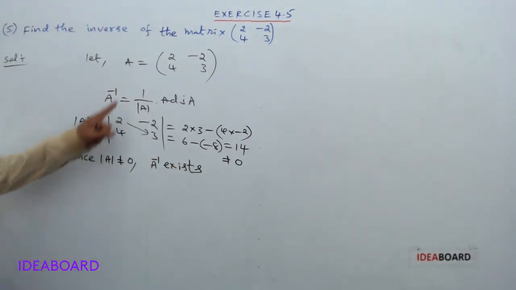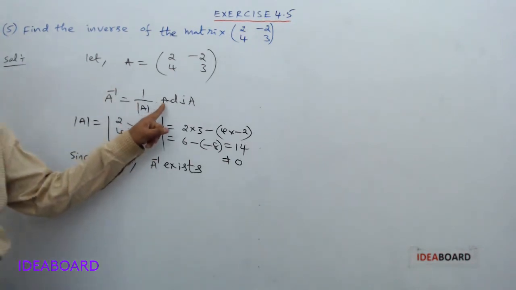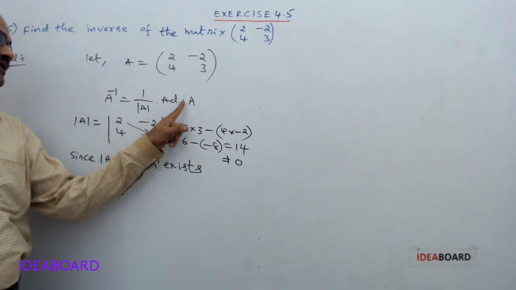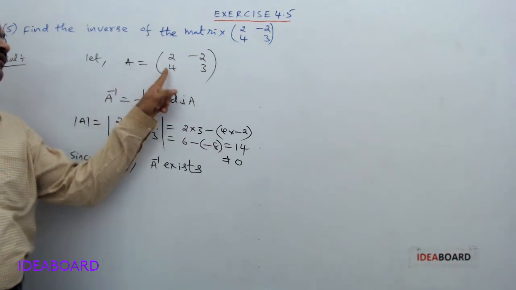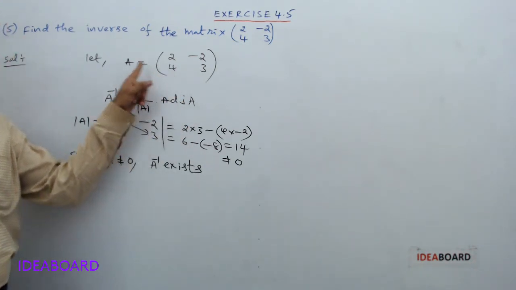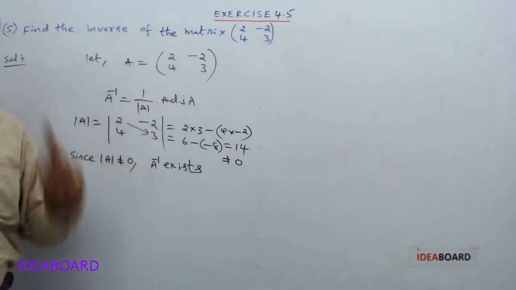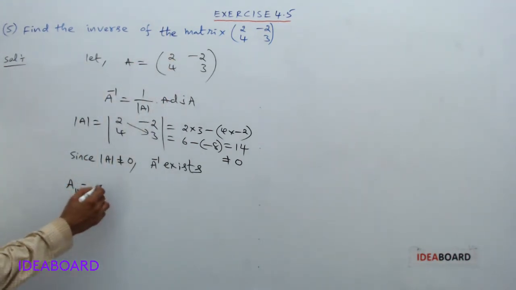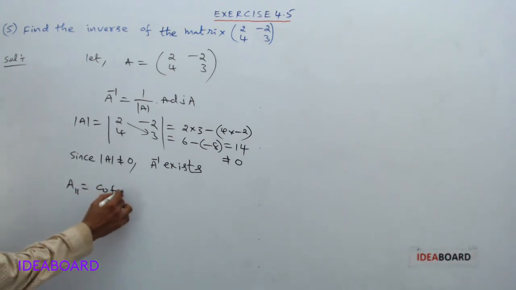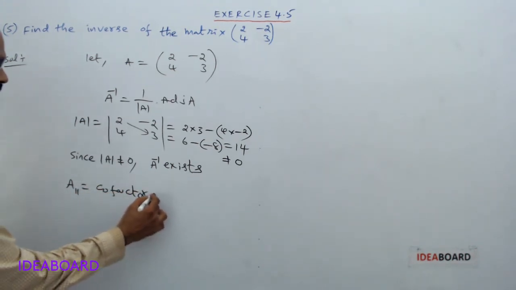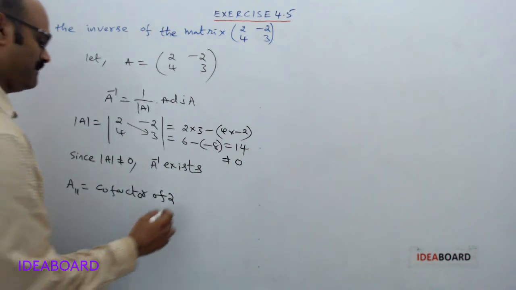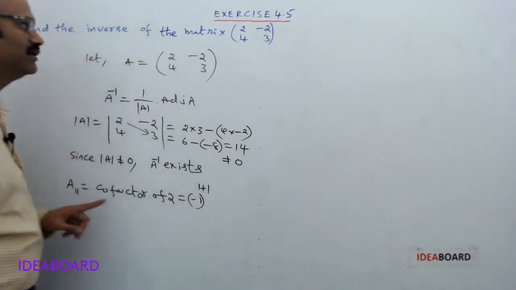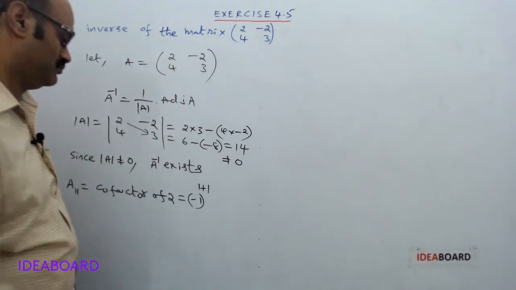Therefore, we have to find the adjoint of A here. To find the adjoint of the given matrix, first we have to find the cofactors of each and every element. A11 equal to cofactor of 2 equal to minus 1 whole power 1 plus 1 into minor of 2.